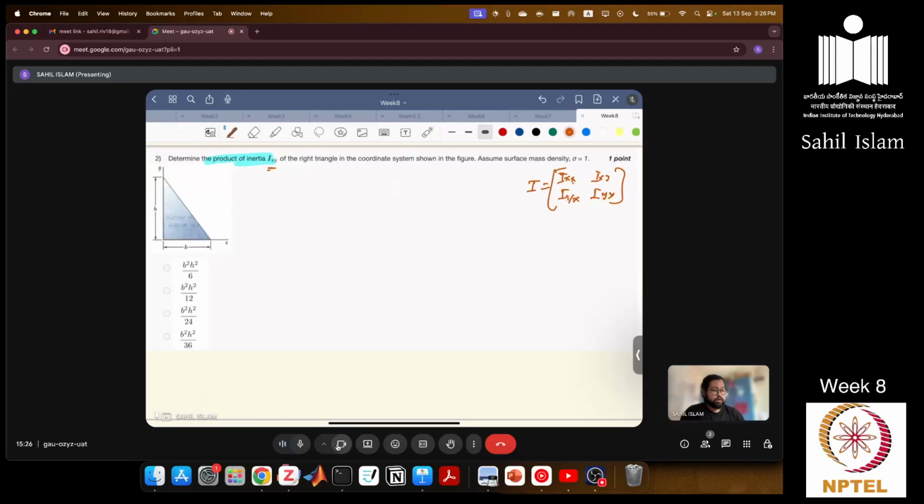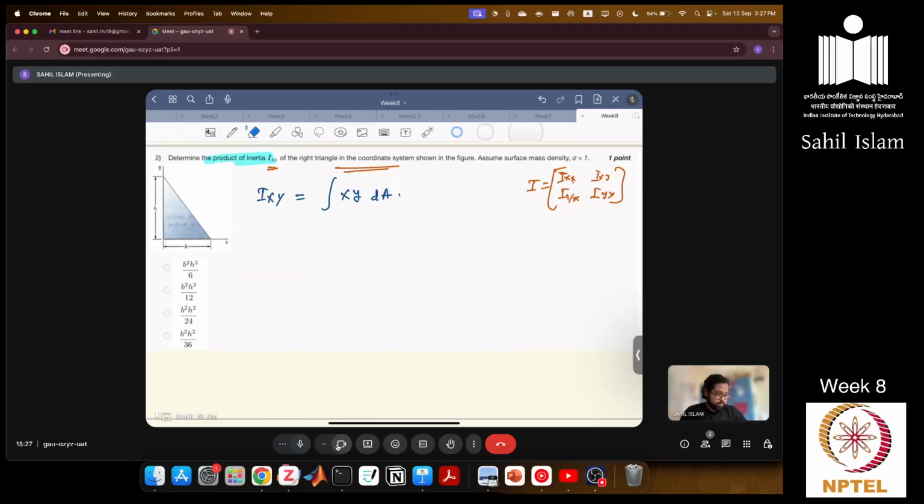So Ixy you have to find for the right triangle in the coordinate system. So this is the right triangle and this is the kind of coordinate system you are given. Assume surface mass density sigma equals 1. So it's a 2D problem and we have to find the product of inertia. So Ixy is basically the integral of xy dm.